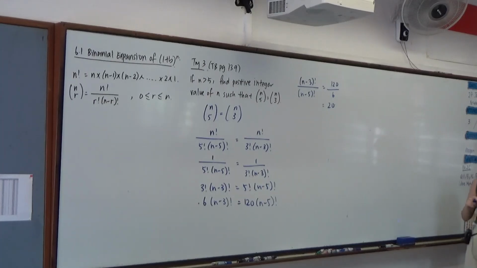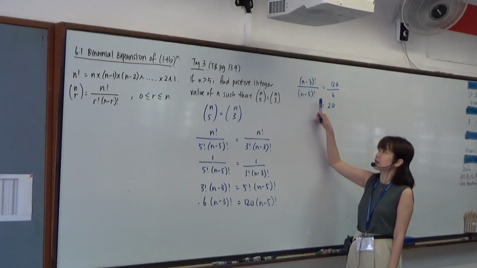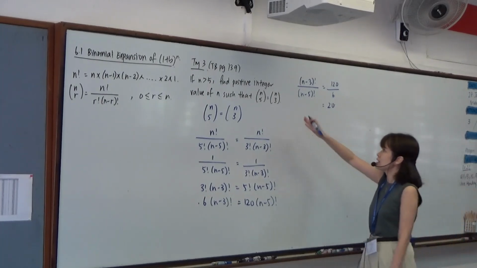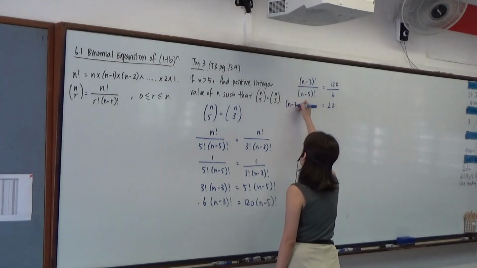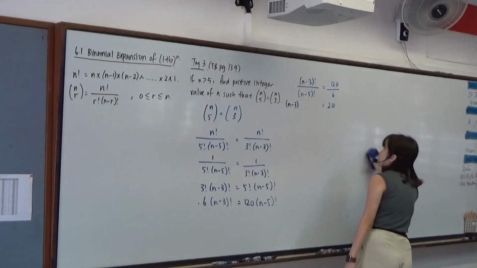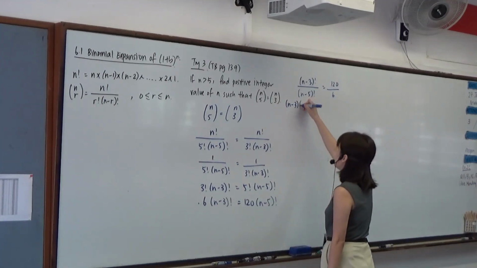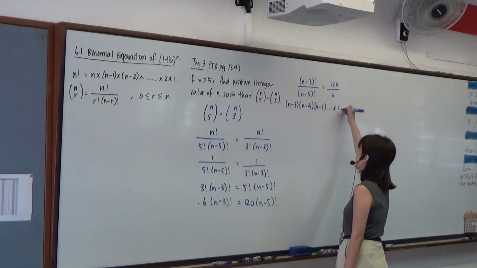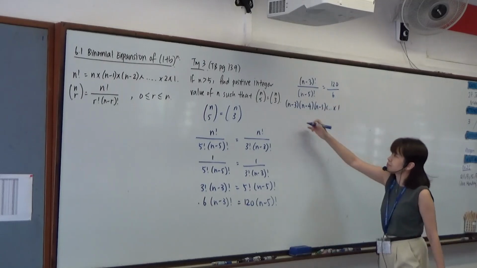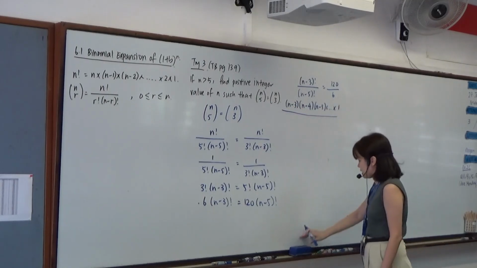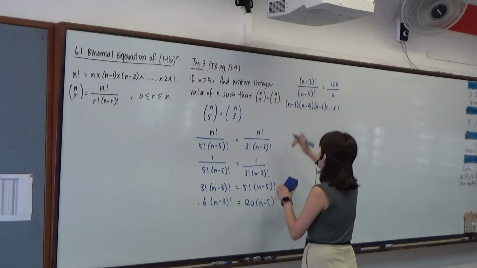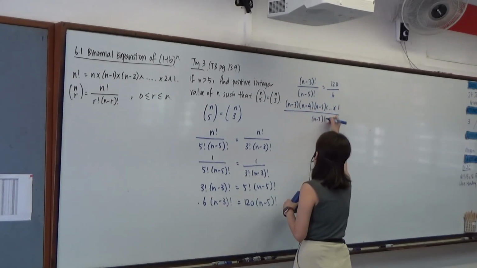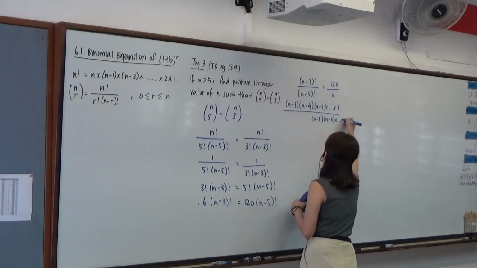The challenging part is to really understand what n minus 3 factorial over n minus 5 factorial means. So let's open it up. We know that n minus 3 factorial would be n minus 3 times n minus 4 times n minus 5 all the way to 1, and n minus 5 factorial would be n minus 5, n minus 6, up to 1.